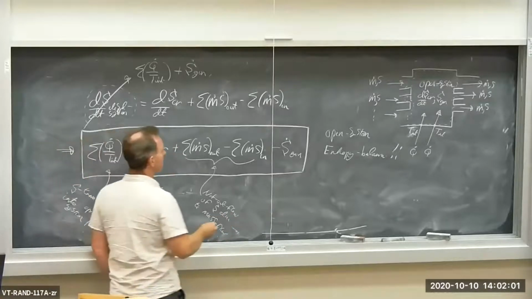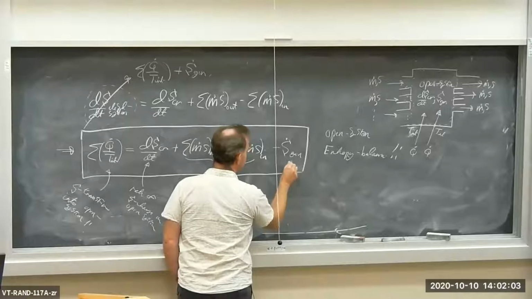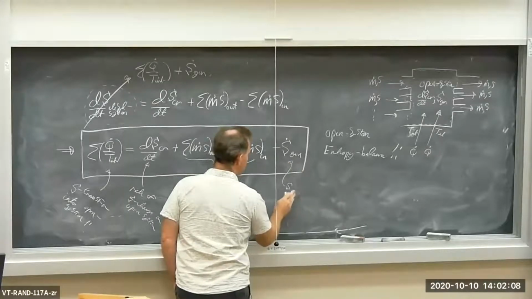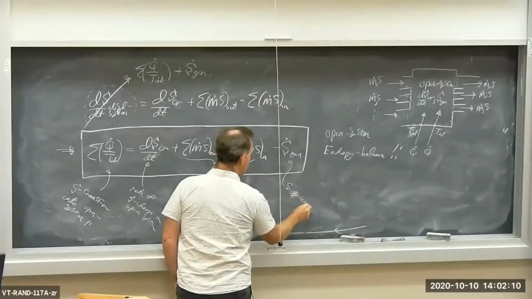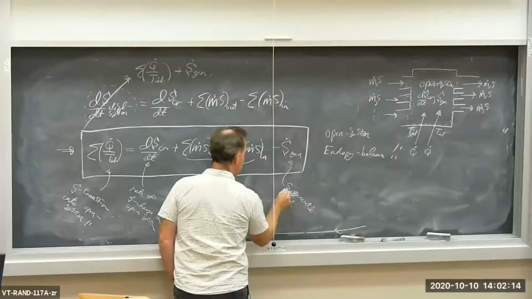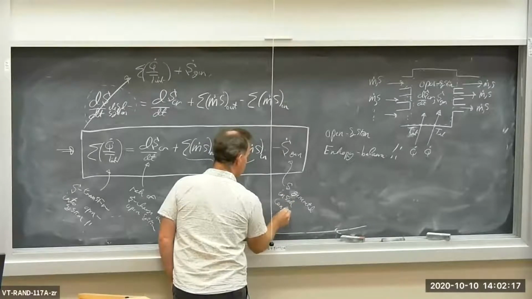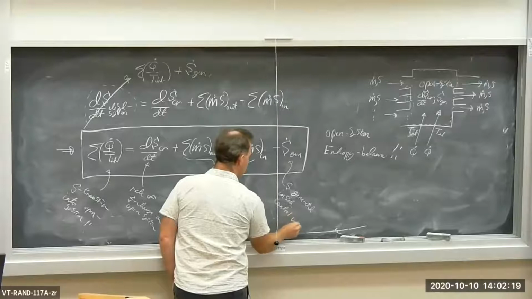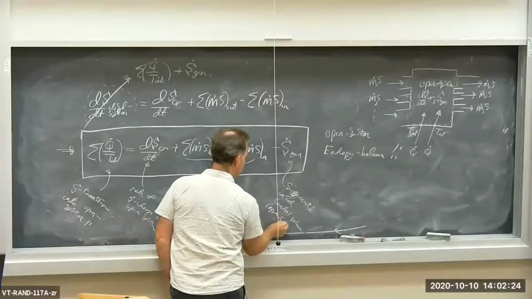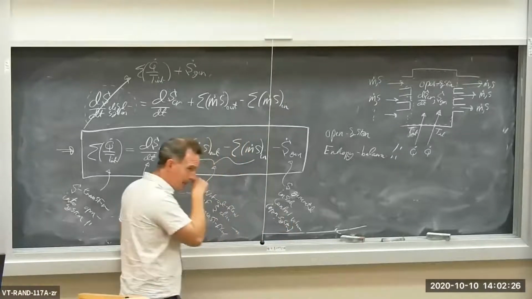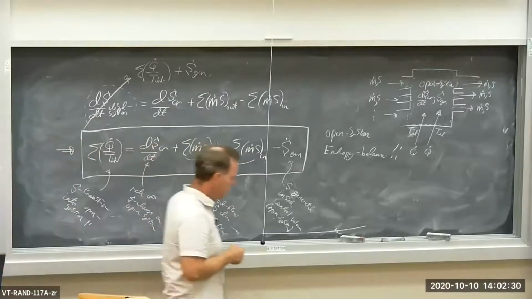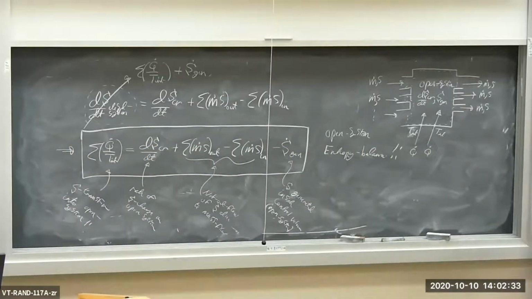And then we have the term that involves the entropy generation, S generated inside the control volume, or if you like, open system. So that's what all those terms represent in the open system entropy balance.